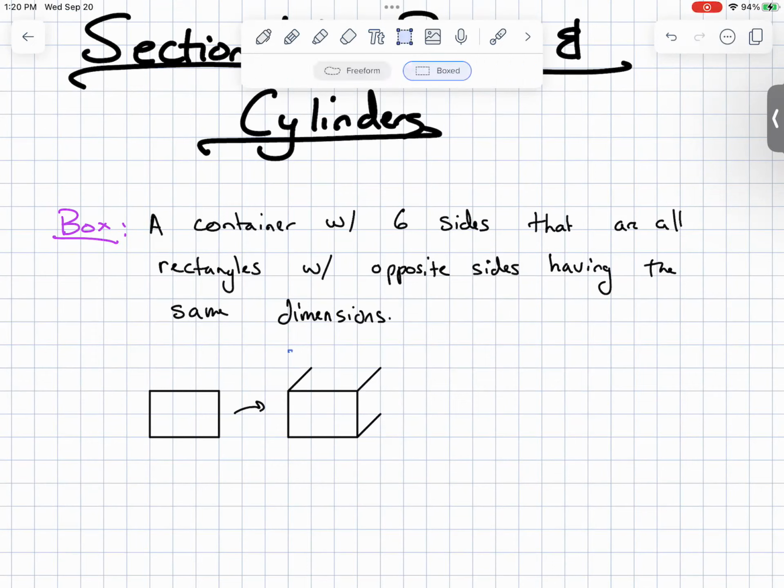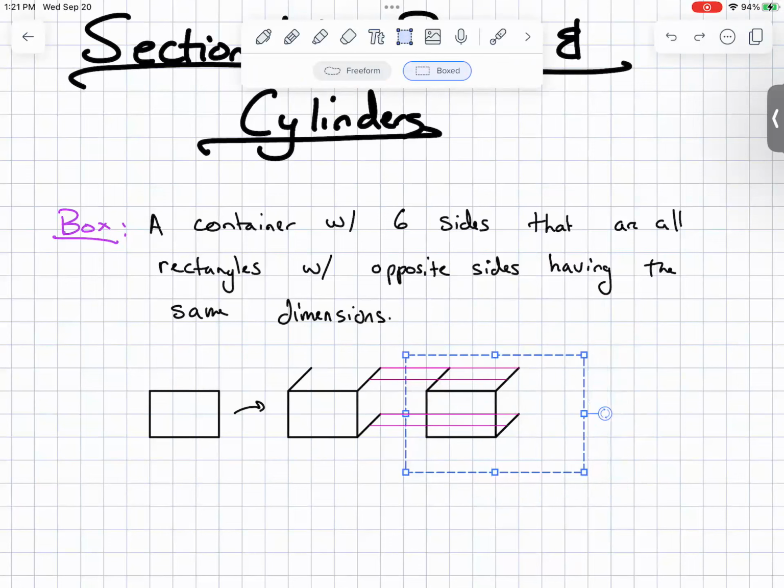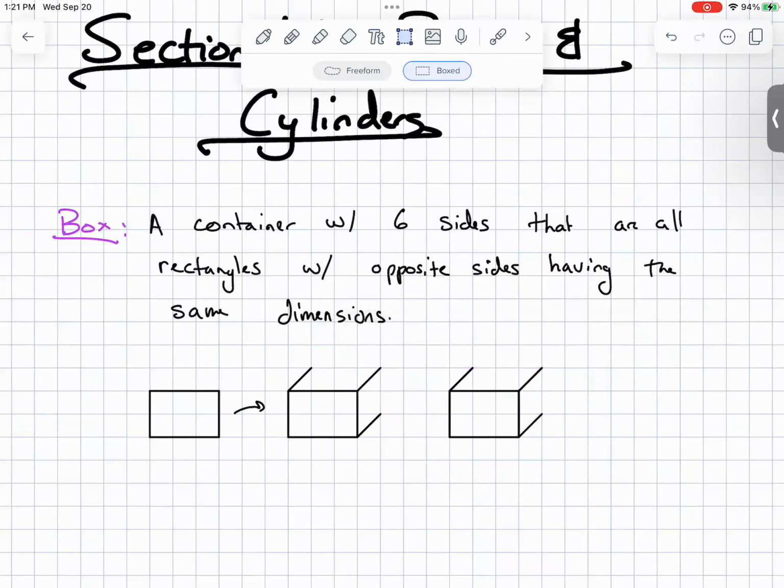And then we just connect the lines that we just made.